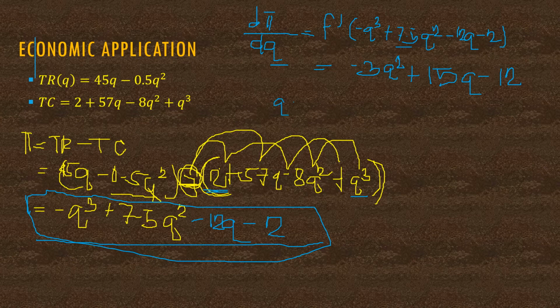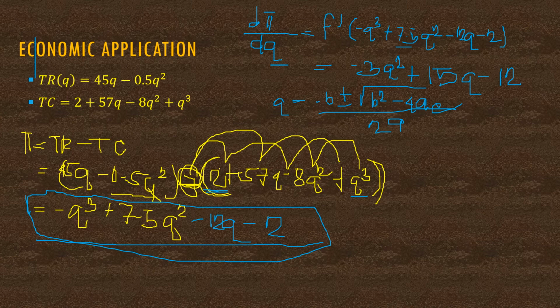Q is equivalent to negative b plus or minus the square root of b squared minus 4ac, divided by 2a.